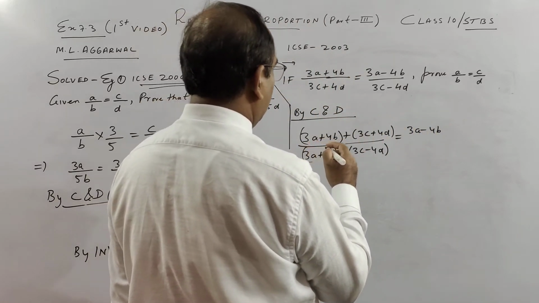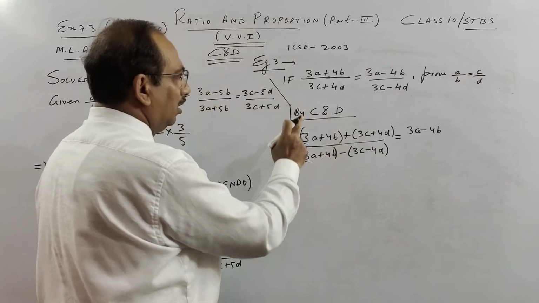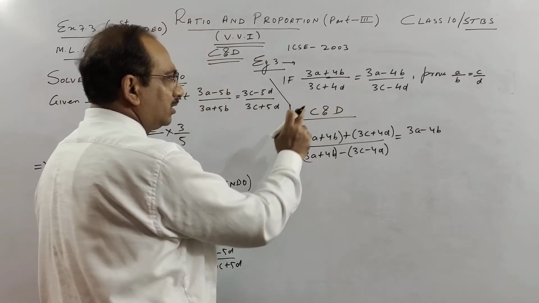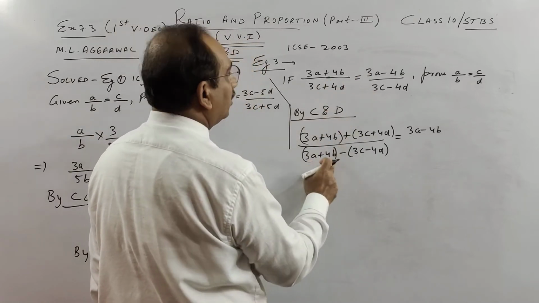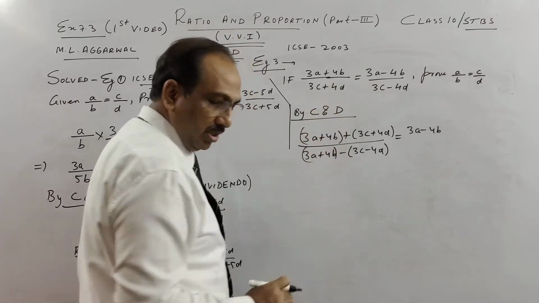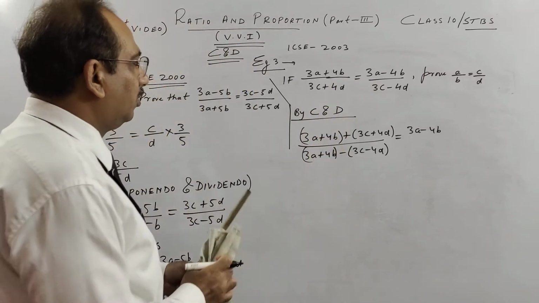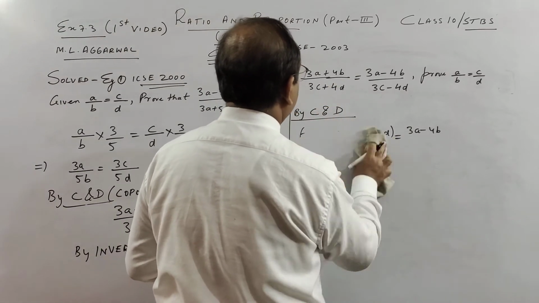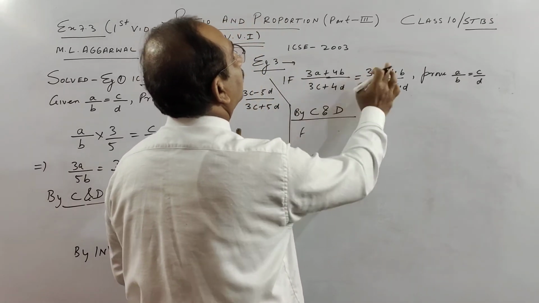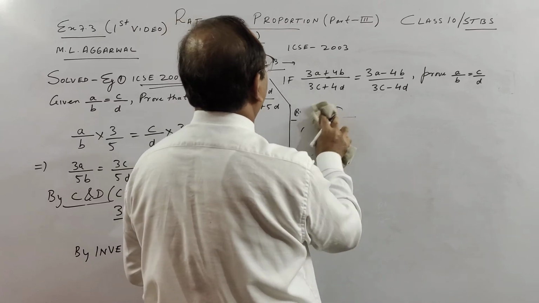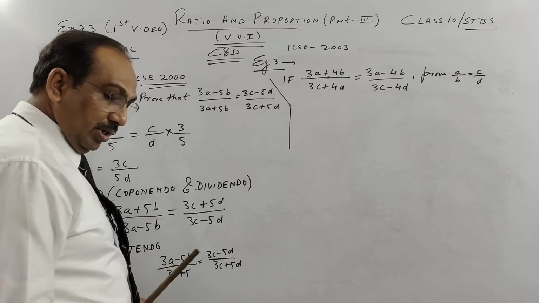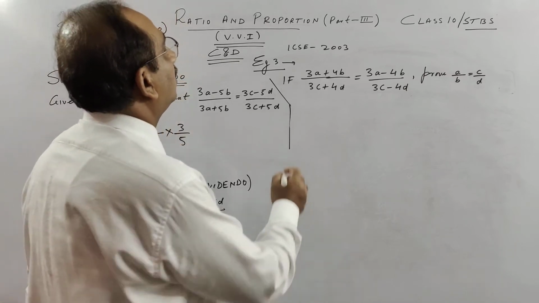Before we apply this, first we had to take alternando. First step, children, because here this is CD, so first this will come here and this will go there. As I was telling you, this was called invertendo, and there is something called alternando.